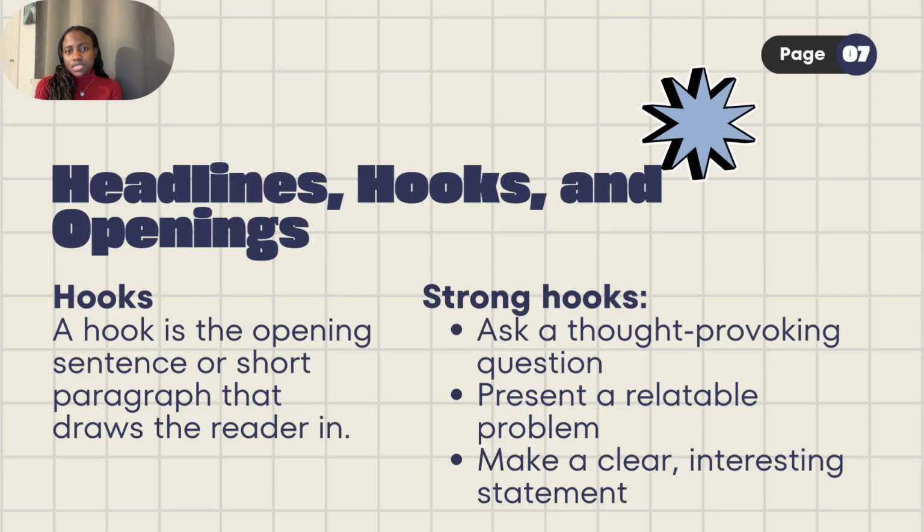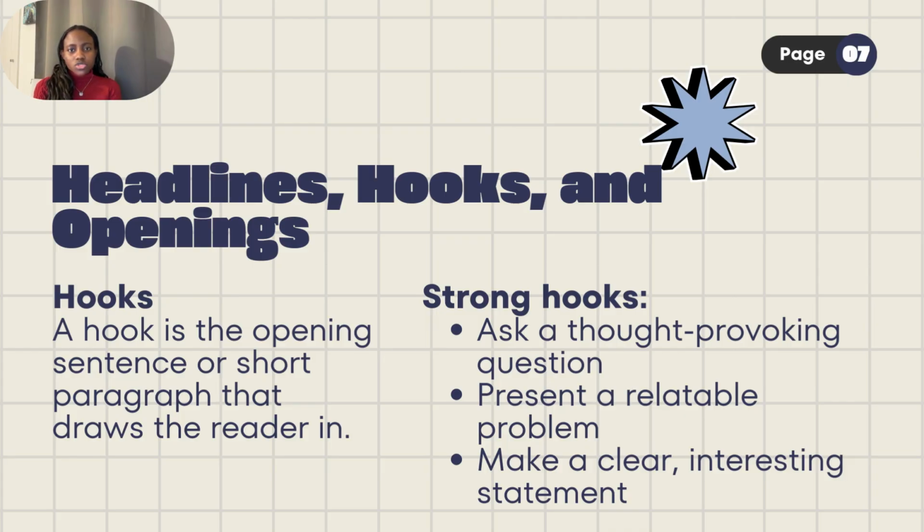And these are the characteristics of strong hooks. A strong hook asks a thought-provoking question, like the example I gave you earlier. It also presents a relatable problem. Think about your audience. What problem do you think they might be facing? And use that problem as a hook to draw them in. And lastly, a strong hook makes a clear, interesting statement.